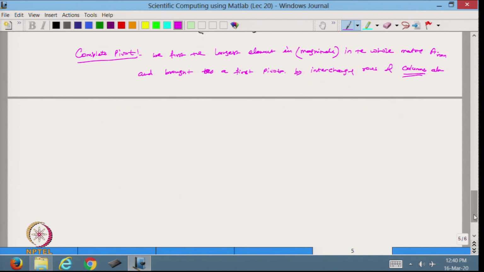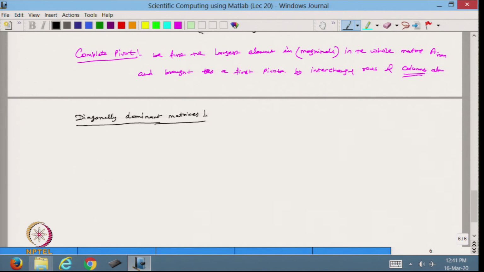Now, there are some other types of matrices which are very useful when we are dealing with the Gauss elimination method, and we call them diagonal dominant matrices. So, this is called the diagonal dominant matrices. For example, I have a matrix A. I am talking about a real matrix.